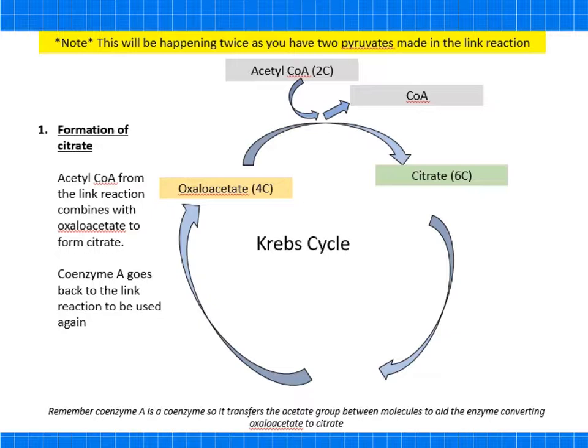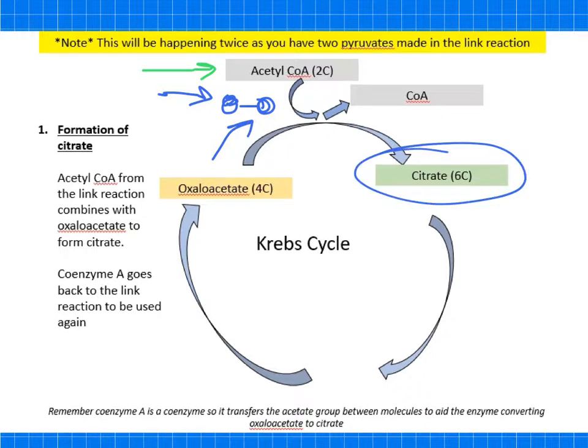Okay, so if you remember in the link reaction, the acetyl-CoA, so coenzyme A, is a 2-carbon molecule. So for the first stage, you can see the acetyl-CoA there, 2-carbon, and that combines with oxaloacetate, which is 4-carbon, and it forms citrate, which is 6-carbon.